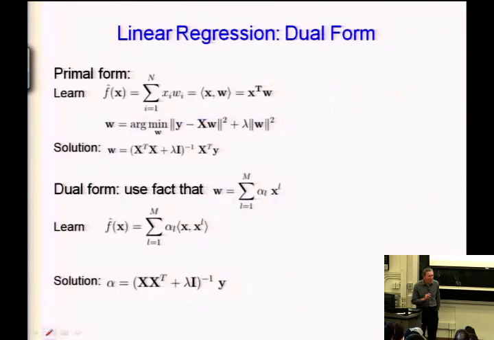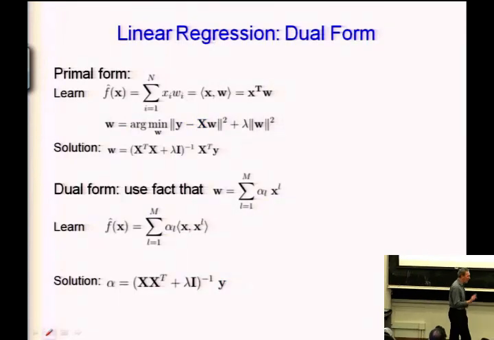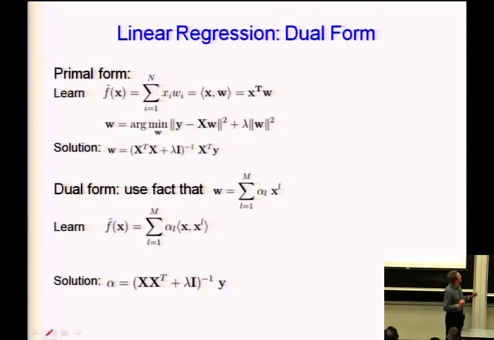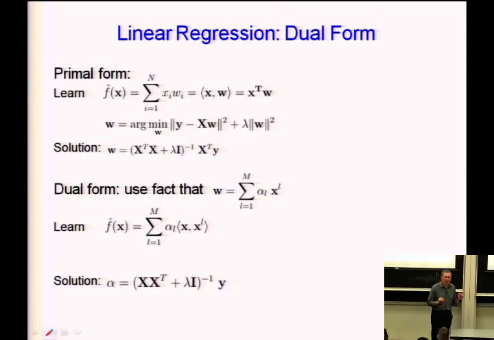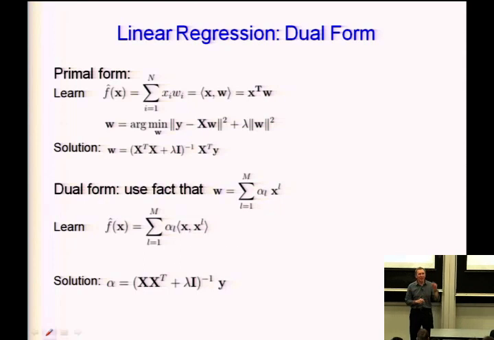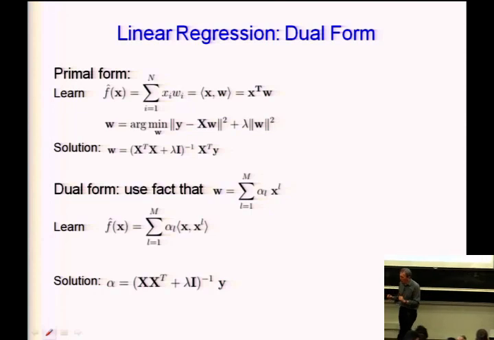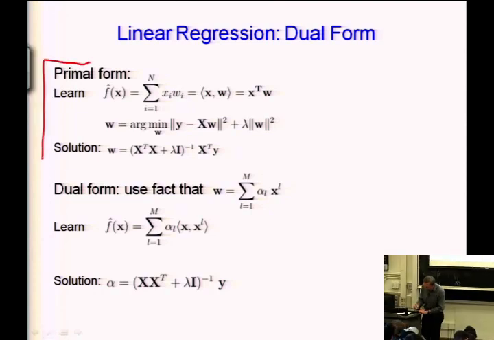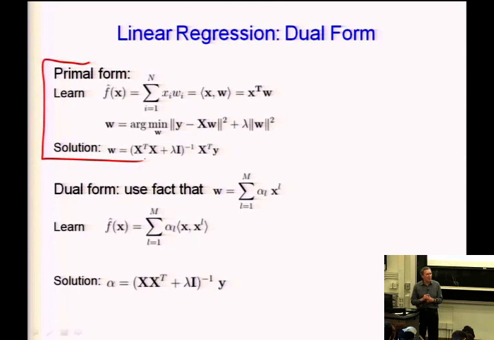We can be more formal and prove it, but I don't want to do that here in class. But it is a fact that the weight vector w does live in the space that's spanned by the training examples. And therefore, if we want to, we can repose our primal form optimization problem in a different way.